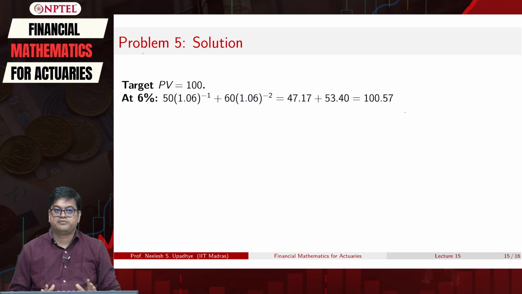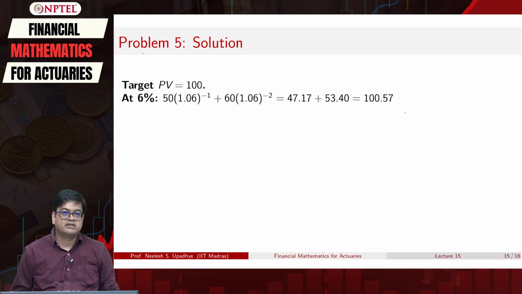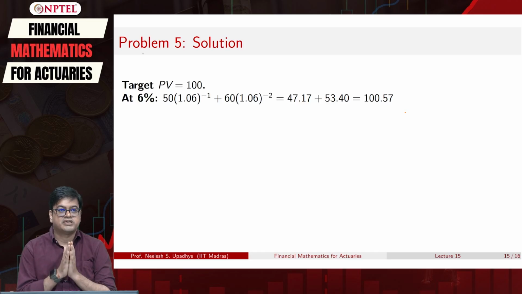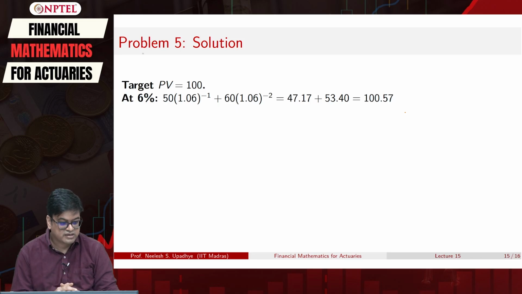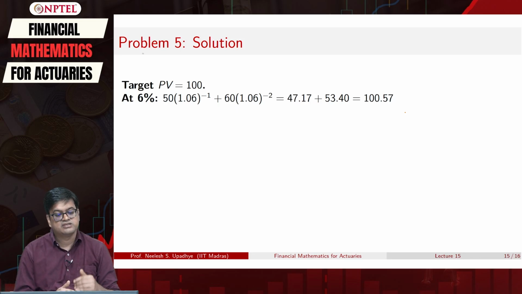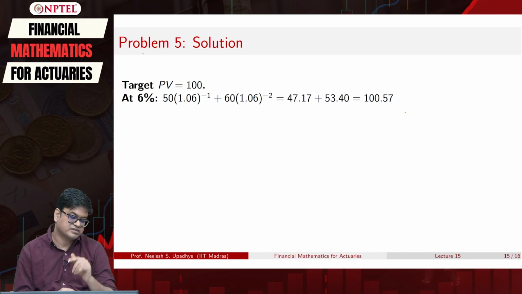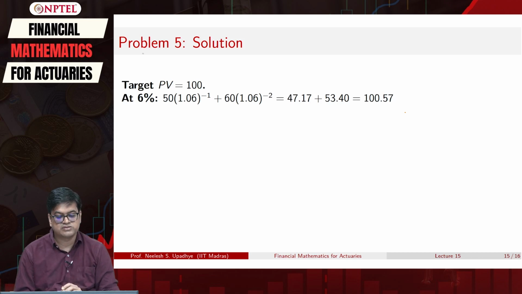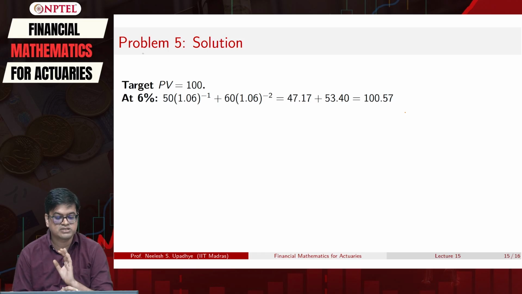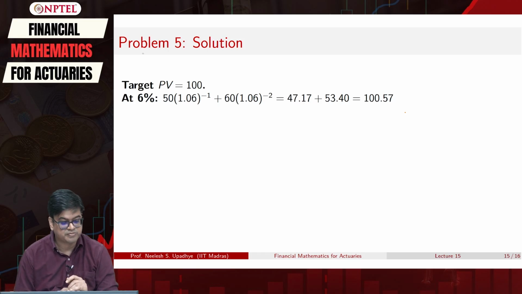So, the problem is very simple, you must have solved it, I am confident. So, your present value is 100. At 6%, you can see, if you look at the discounting factor V, 50 into 1.06 raised to minus 1 and 60 into 1.06 raised to minus 2. 1.06 raised to minus 1 is my V and 1.06 raised to minus 2 is my V square.